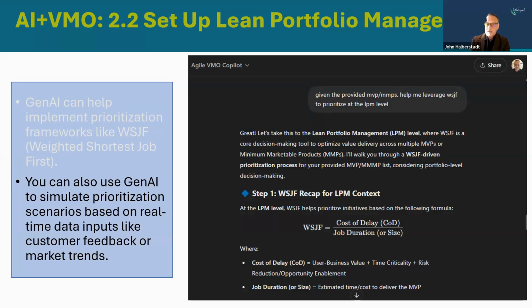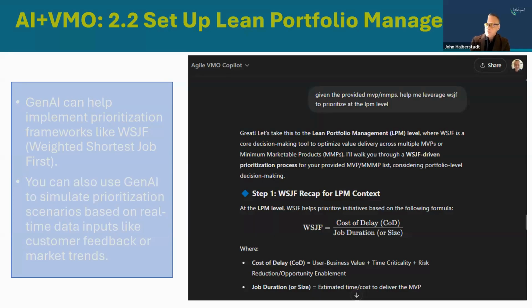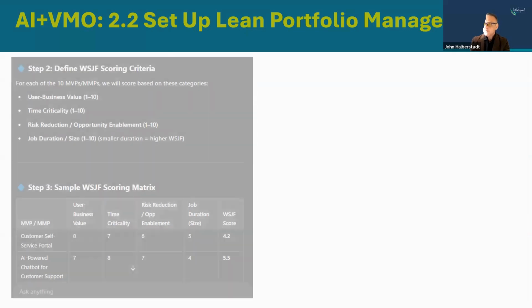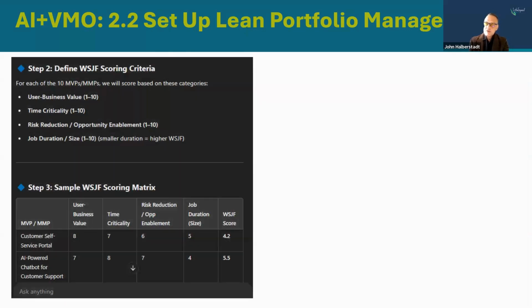Now, if I was already familiar with that in my prompts, I could avoid that and just say I'm well acquainted with this. Let's just go ahead and get started. But this assumes that I don't have that context. So it shows me what WSJF is, how it's calculated, and then it's going to help me actually roll forward with using WSJF. So in this particular instance, I provided some sample MVPs, MMPs.